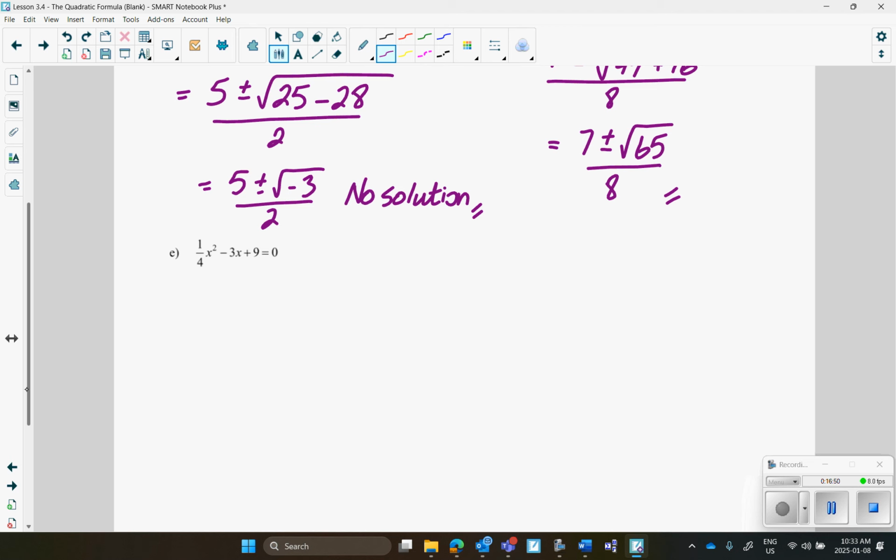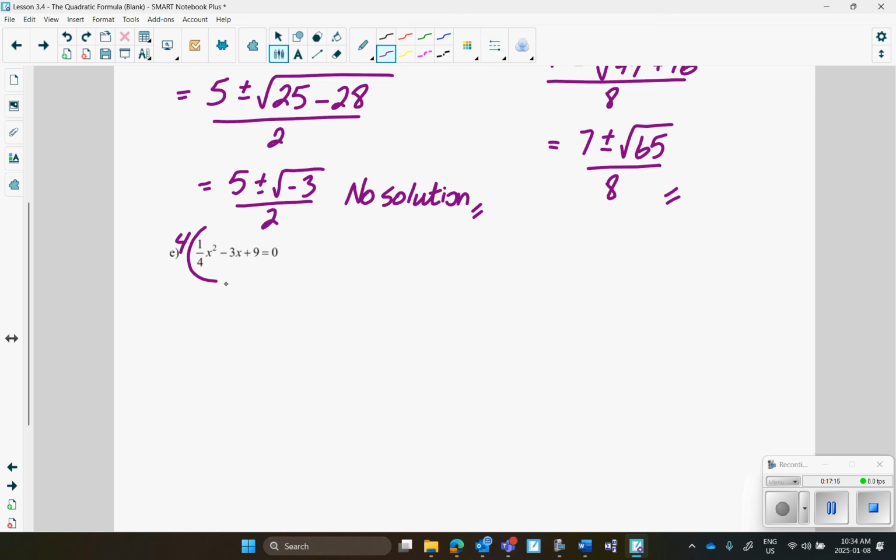So I want to make life easier. Can you think of anything that you could do to change this equation so that there's no fractions? Remember, you can do whatever you want to one side of the equation, as long as you do the same thing to the other. What can we do?